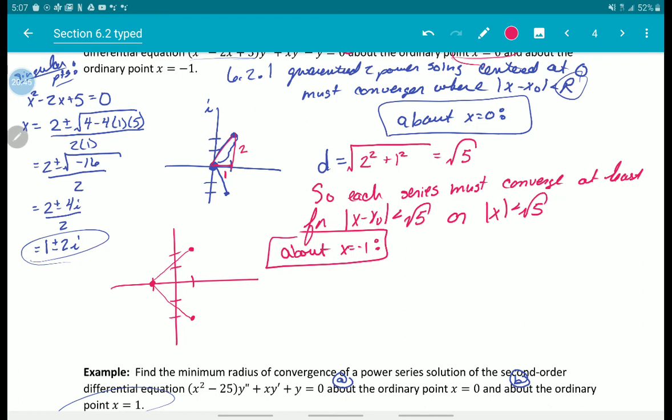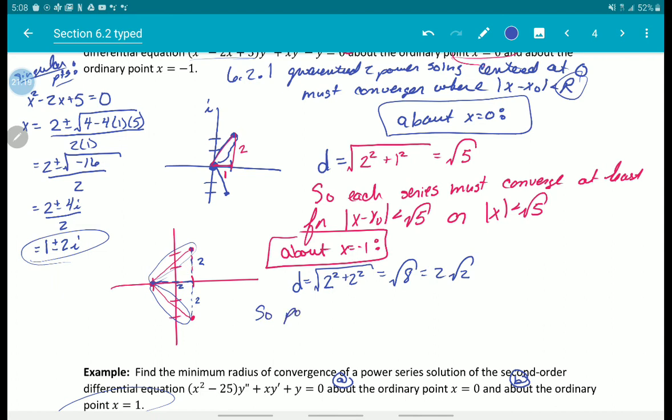So let's find that distance. I see a triangle that I can build here. So this side's 2, this side's 2. And those triangles are going to be the same if I look at this distance also, which means that this distance is definitely going to be equal to that distance. So to find that distance, and that distance is the radius of convergence, it would be the square root of 2 squared plus 2 squared, which is the square root of 8, or 2 square root of 2.